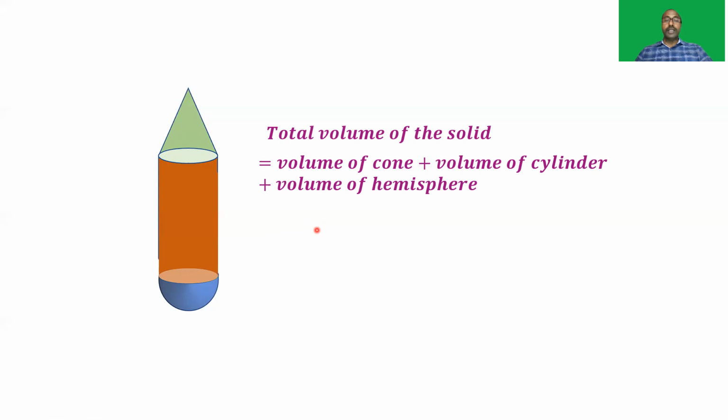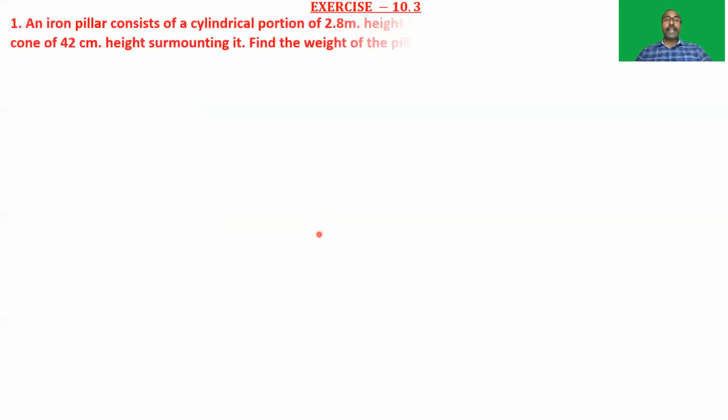Okay, so let us solve some problems in exercise 10.3. The first one is: an iron pillar consists of a cylindrical portion of 2.8 meters height and 20 centimeters in diameter, and a cone of 42 centimeters height surmounting it.